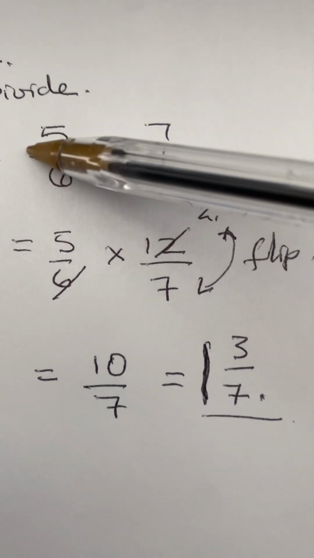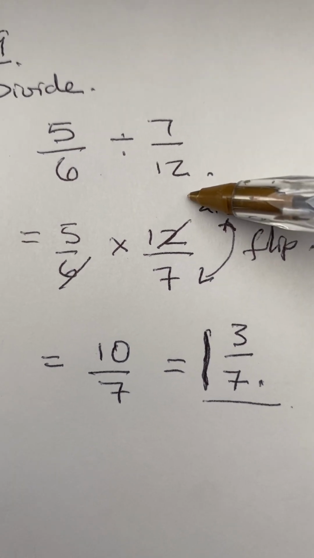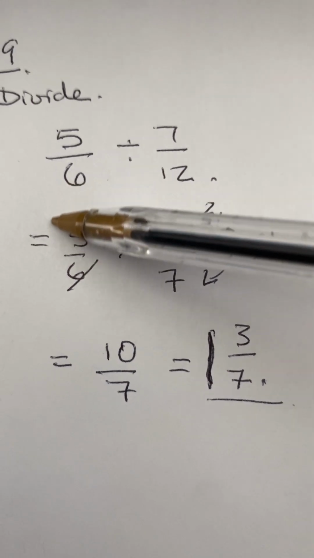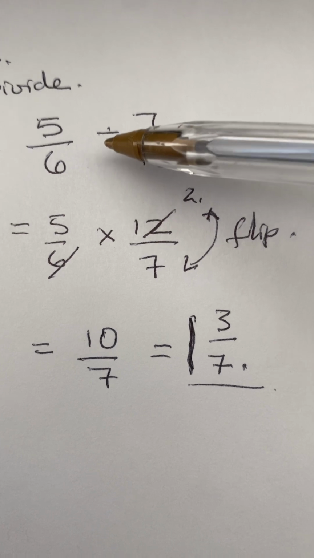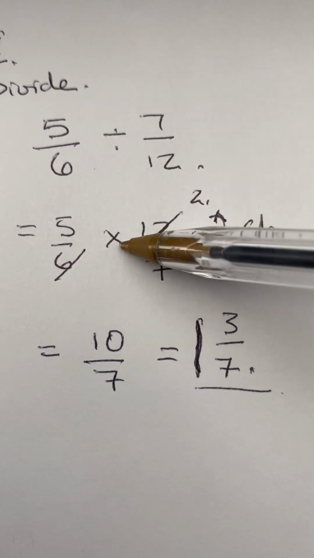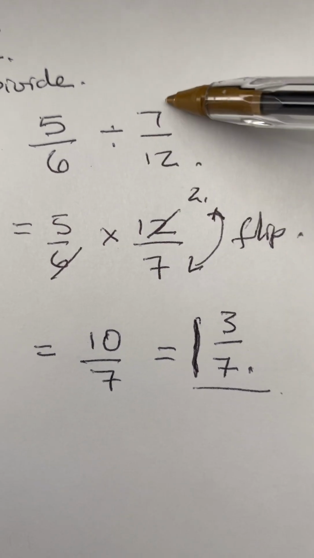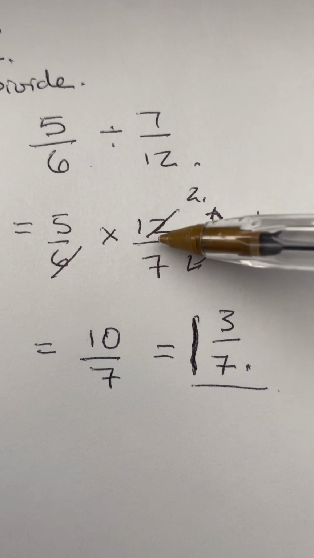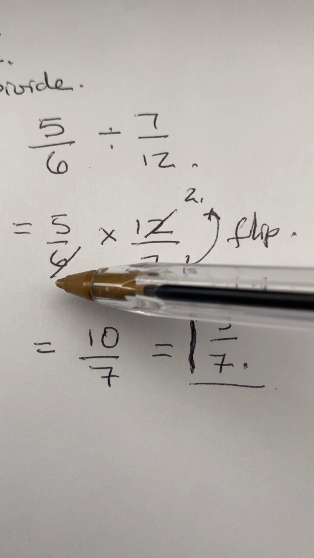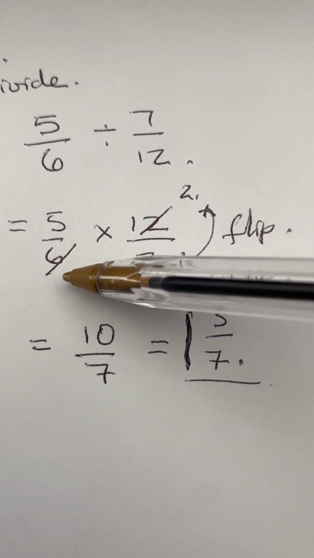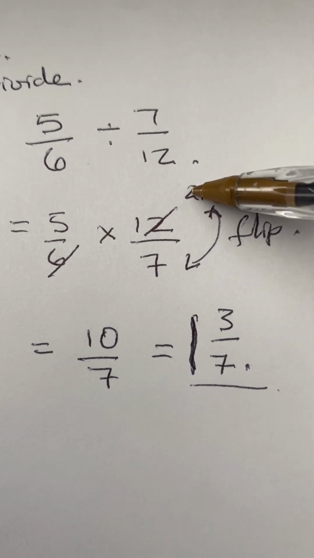Now 5 over 6 divided by 7 over 12. Here again, the first fraction, we don't do anything to it. But when we change the division to multiplication, we have to flip the second fraction. So if I flip 7 over 12, I have 12 over 7. Now, how many 6s do we have in 6? 1. How many 6s do we have in 12? 2.